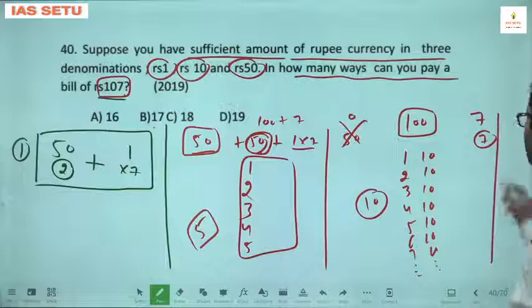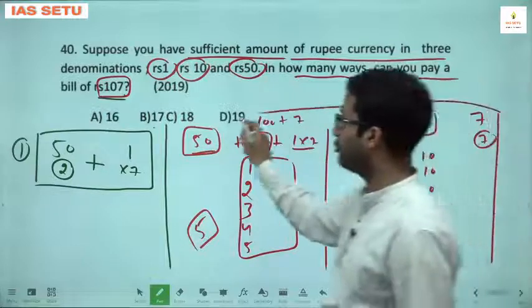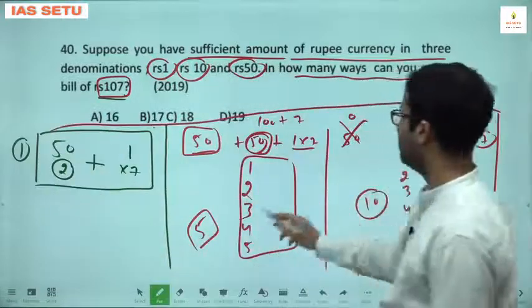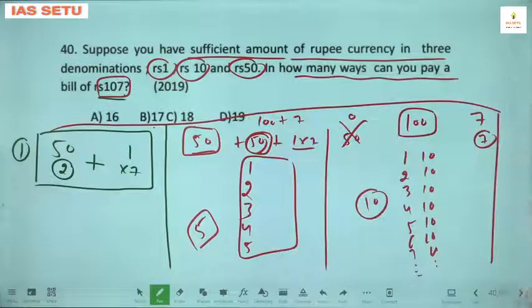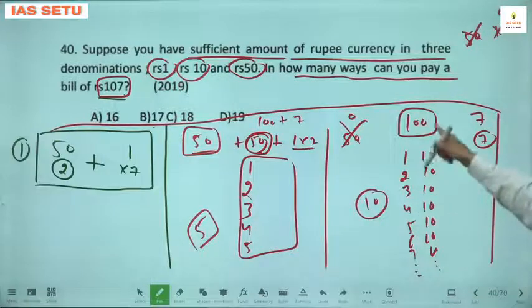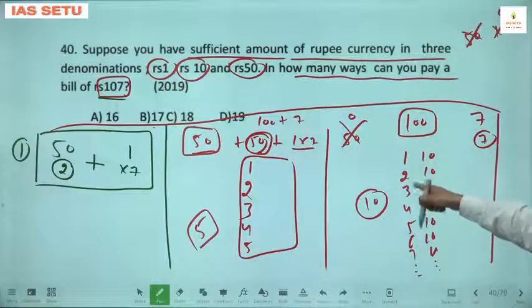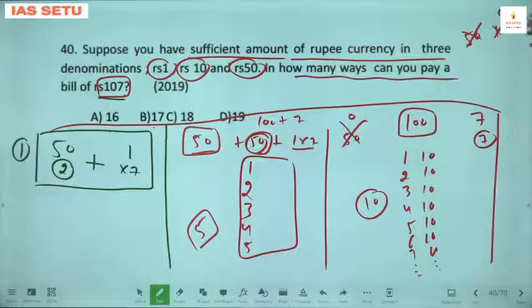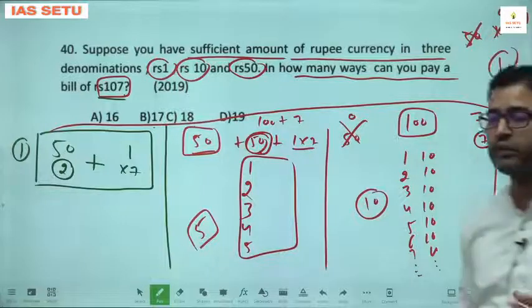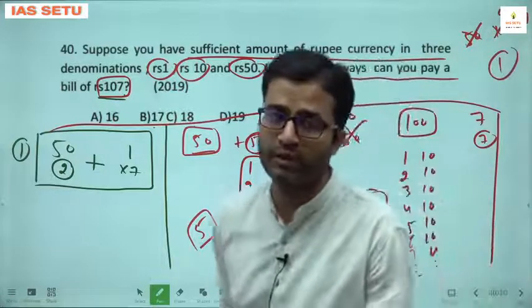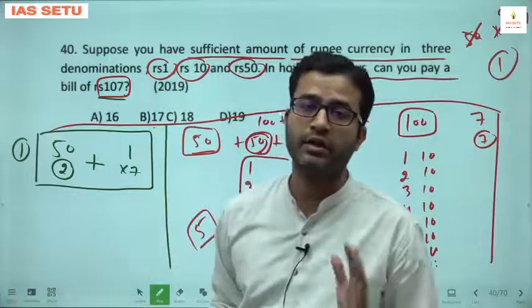Now there is one more. How many ways have we got? 10, 15, 16. But there is one more where I use zero currency notes of 50 and zero notes of 10. Here I was using at least one note of 10. Now it means I'm using 107 currency of only rupees 1. So there is one more way where I use only 1 rupee coins to pay the 107 bill.